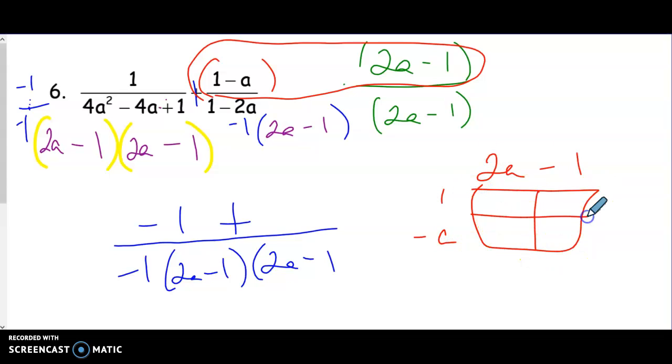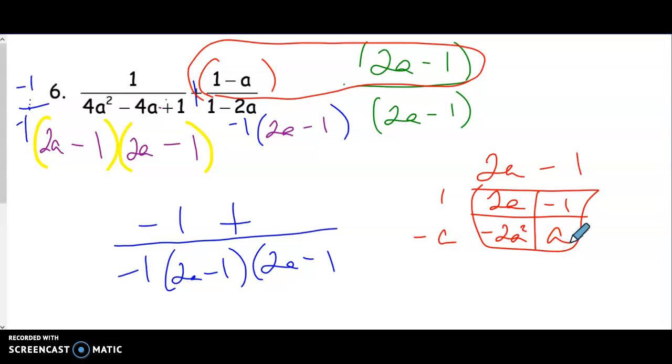Not necessary though, you can just distribute and then combine like terms or however you feel the need to do it. 2a times 1, 2a times negative a, negative 1 times 1, and negative 1 times a is positive a.